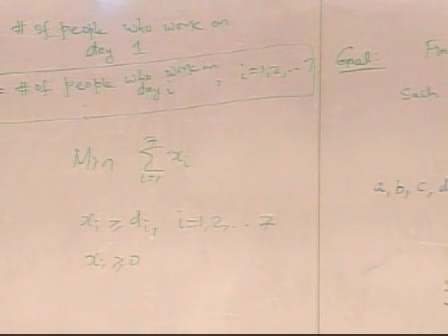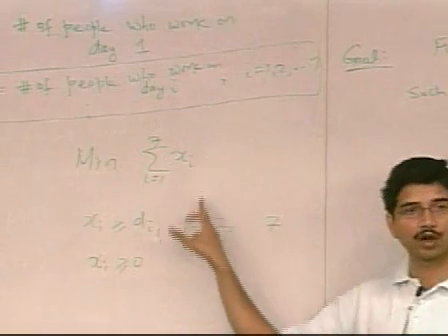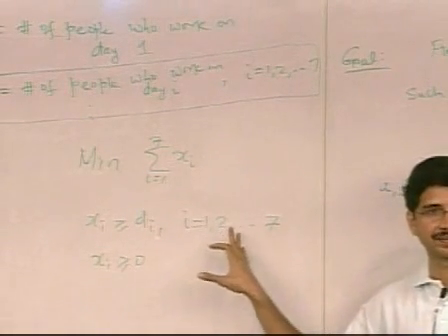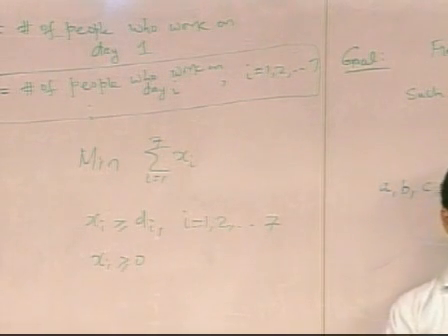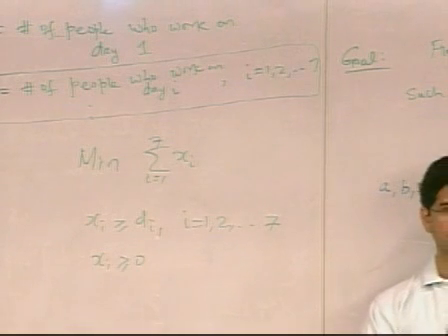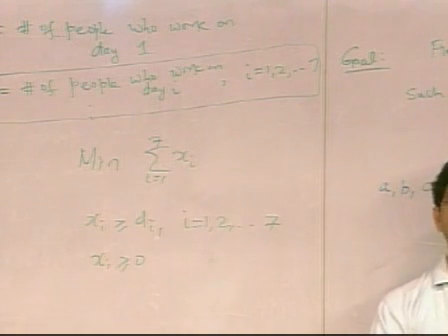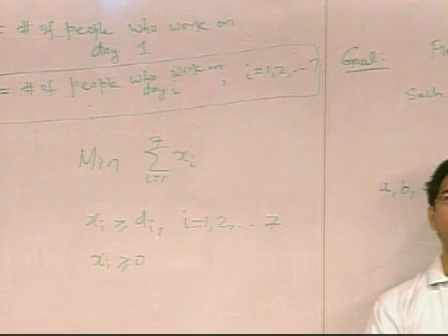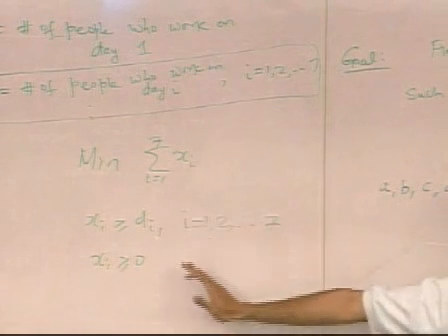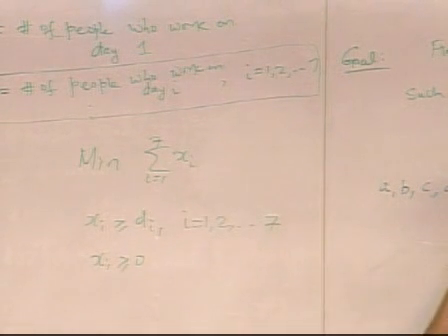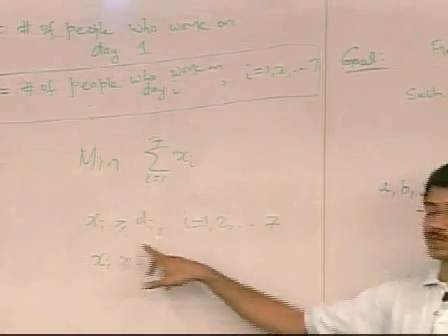And let me make another comment about this. So does anyone know what the optimal solution to this linear program is? Okay, very good. So if you want to solve this linear program, let's actually examine this LP and conclude that its objective value is exactly the summation of all the demands.